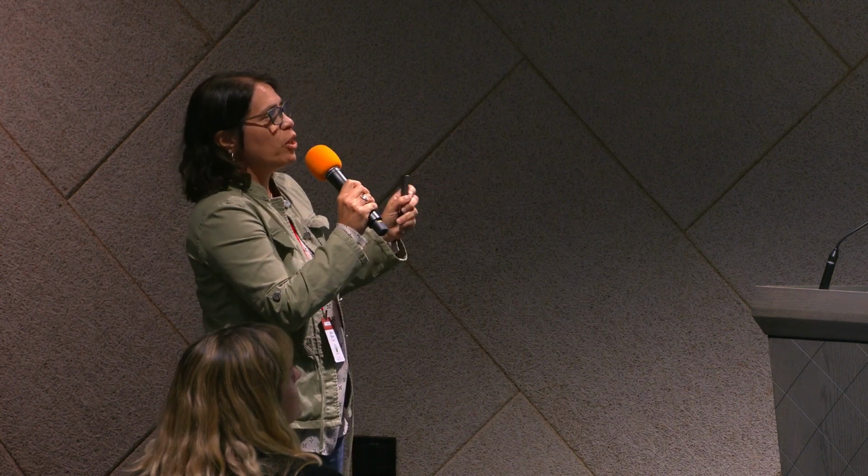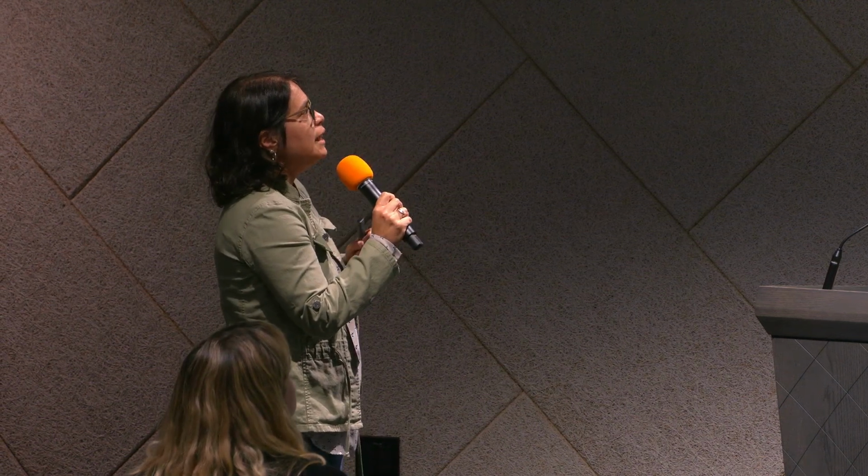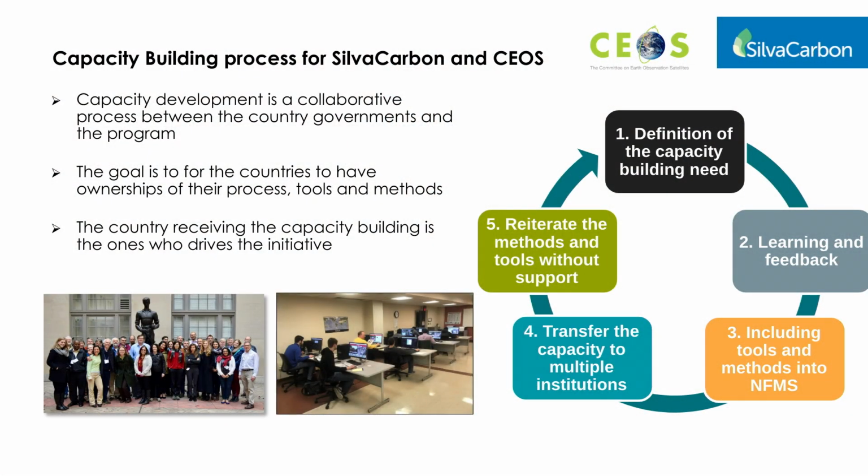Okay, so our process is very simple. All the capacity building programs that we have are driven by the countries. So we don't come with an agenda to the countries and say, this is what you have to do. They tell us what their needs are. So first we go to a country and we do a scoping trip with different agencies and partners. We do it with FAO, with Google, with others, and they tell us, we need this.